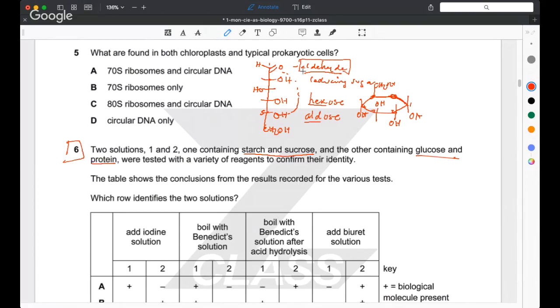And the reason I've drawn this out here is because when you're coming down to this test here, boiling with the Benedict solution, that's sometimes described, isn't it, as a test for reducing sugars. And these sugars are reducing because they have an aldehyde group here, which itself can be oxidized.